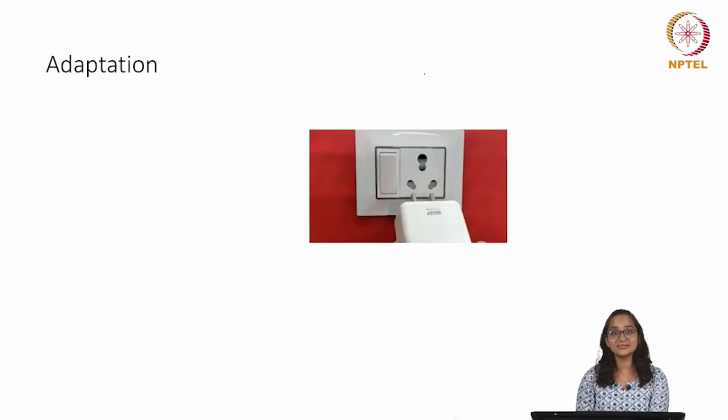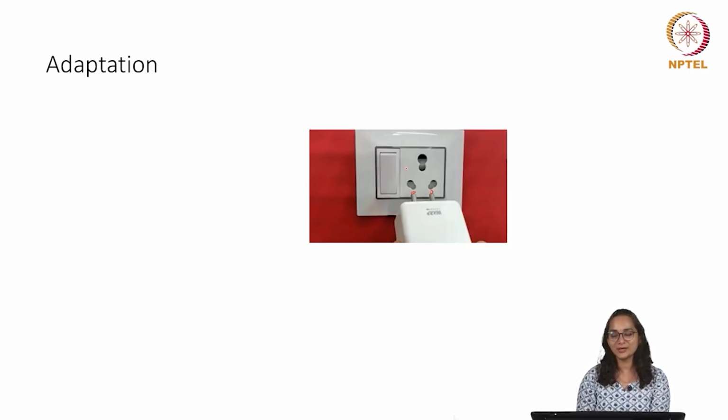This is a very interesting example of how all of us adapt in an everyday situation. I am sure you all might have struggled to put a 2-pin plug in a 3-pin socket, right, because of that safety guard. So, what do we do? What is the jugaad that we all do?